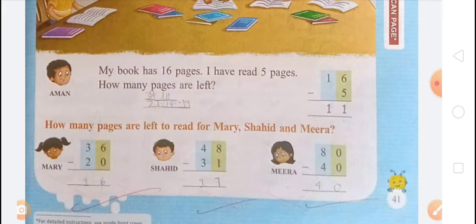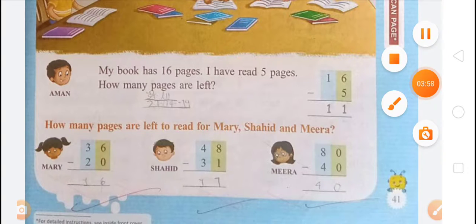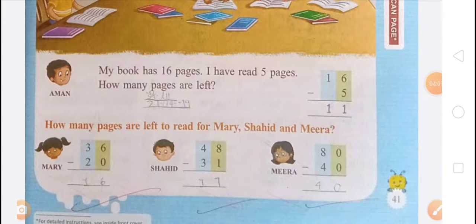Now the next is Meera. How many pages are left for Meera? Meera's book has 80 pages and she has read 40 pages. You have to find how many pages are left to read for Meera.